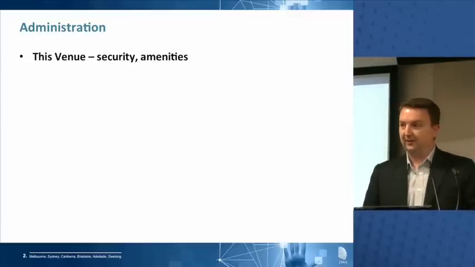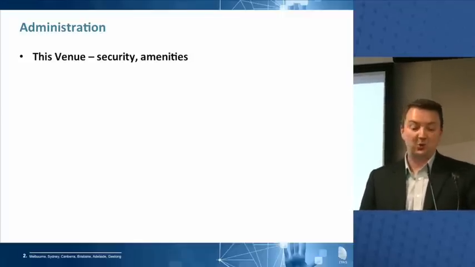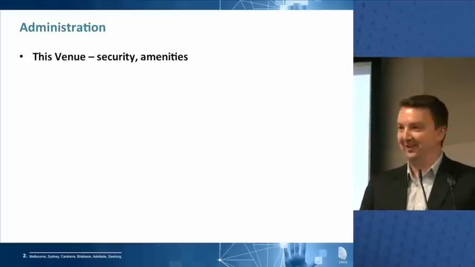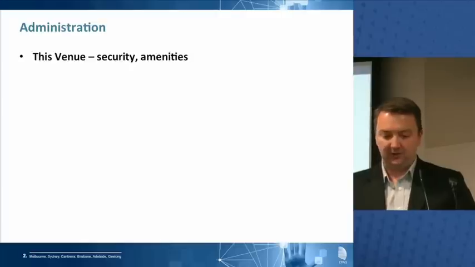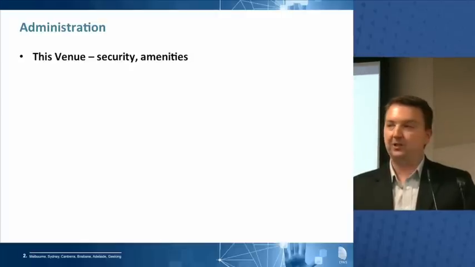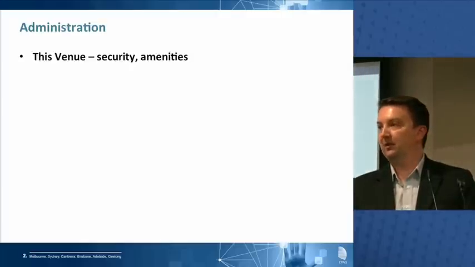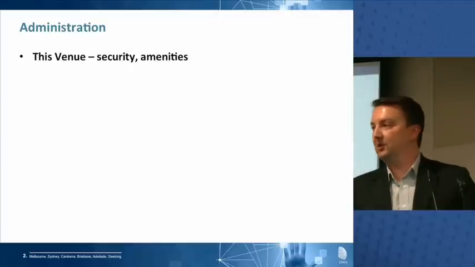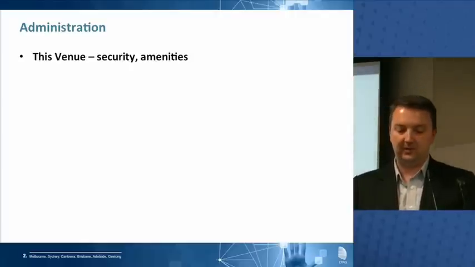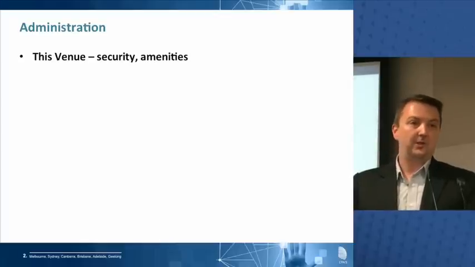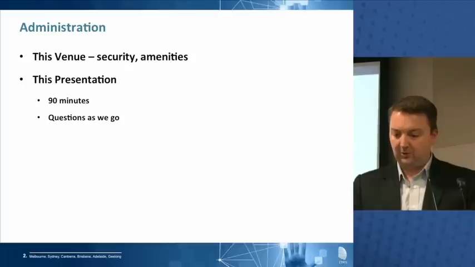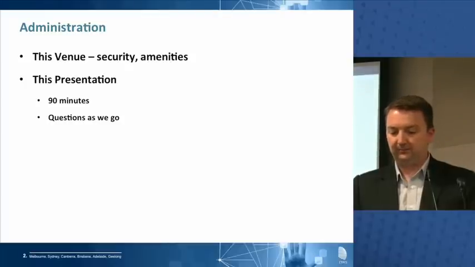My trial run of this presentation lasted 2 hours, but I have trimmed it a little bit. So I'm hoping to stick to 90 minutes. 7 o'clock will be my intended finish time, and we'll take extended questions after that if you want to stay back. You can also ask questions as we go. I'll talk more about that in a minute.